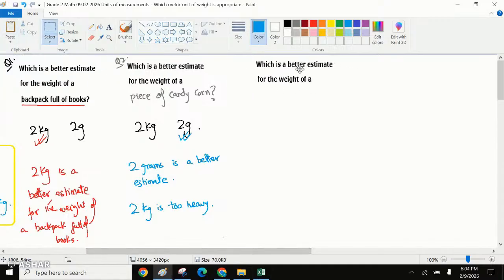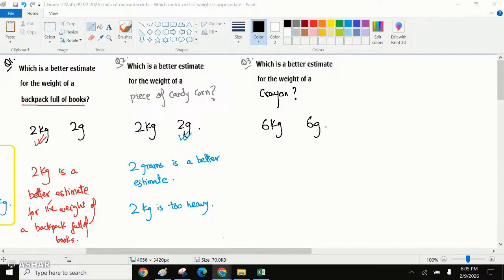For the next question, question number three, which is a better estimate for the weight of a crayon? Would it be better 6 kilograms of a crayon or 6 grams of a crayon? Which is a better measure?